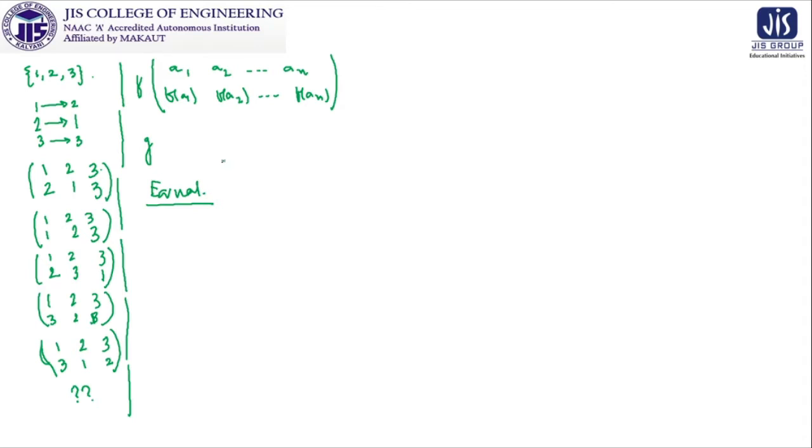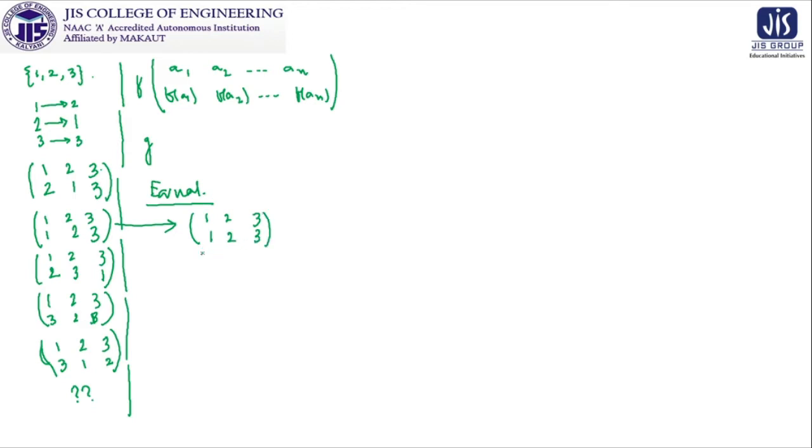Now we can think of the identity permutation. Identity permutation means you can follow this particular permutation where the elements go to themselves. That means there is no change.